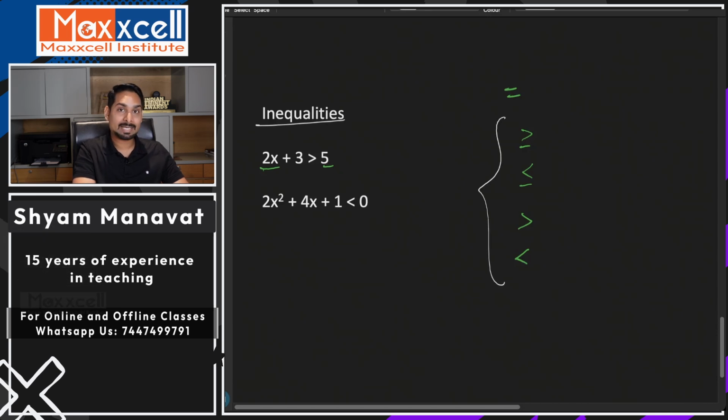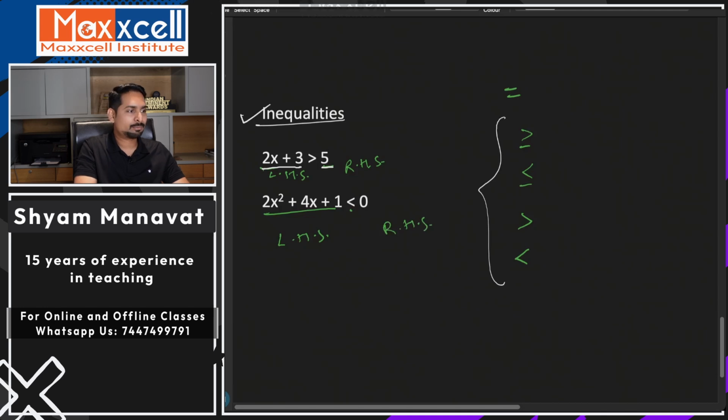When you see an inequality sign anywhere, that becomes an inequality. Here the left hand side is greater than the right hand side. Here the left hand side is smaller than the right hand side.